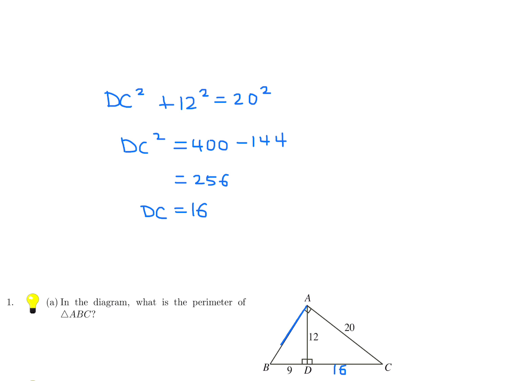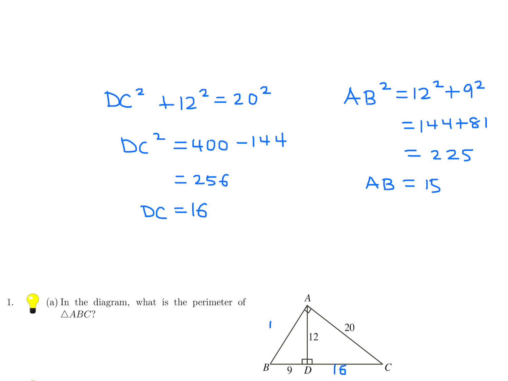And then now I'm going to figure out the length of AB using this triangle, ABD. In that triangle, AB squared is equal to 12 squared plus 9 squared. And therefore that is 144 plus 81, and that is 225. So therefore AB, if you take the square root, will be 15.